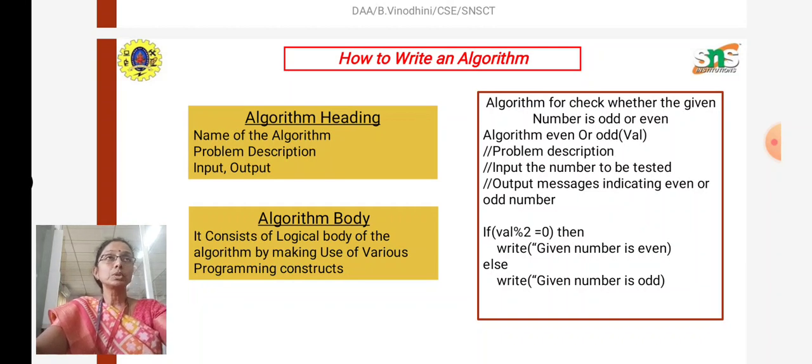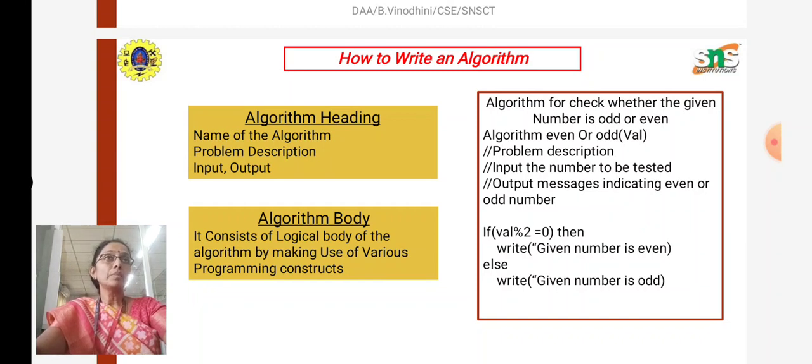Next comes the algorithm body. The algorithm body can be described in any format, whether pseudocode or normal programming constructs. In this example the algorithm body is explained in pseudocode. For checking whether the given number is even or not, first we get the value of the number.